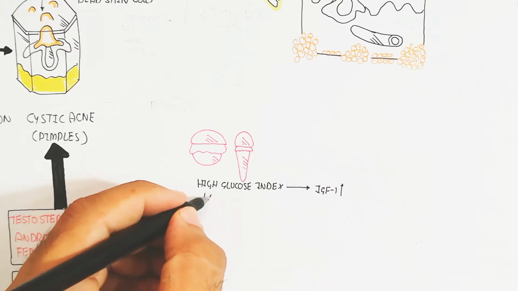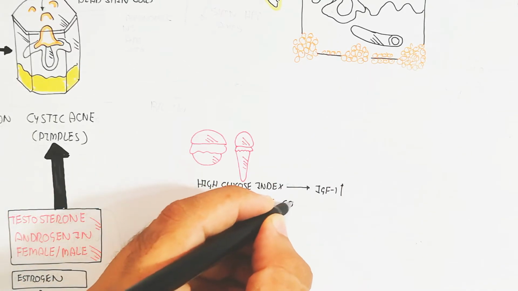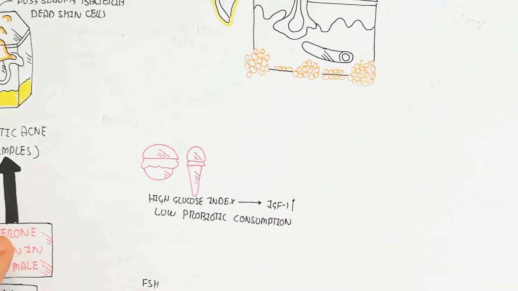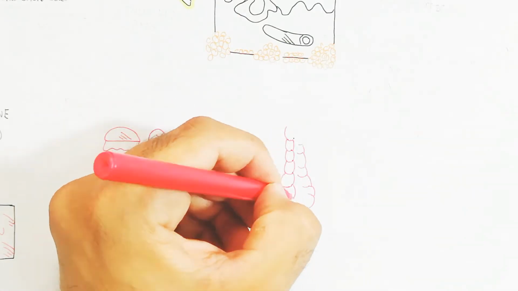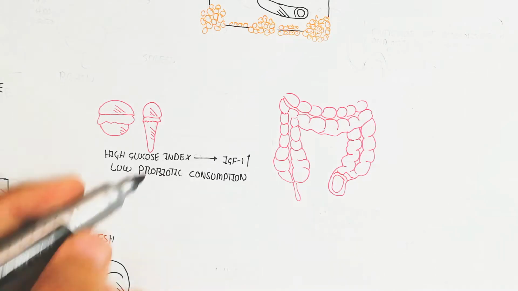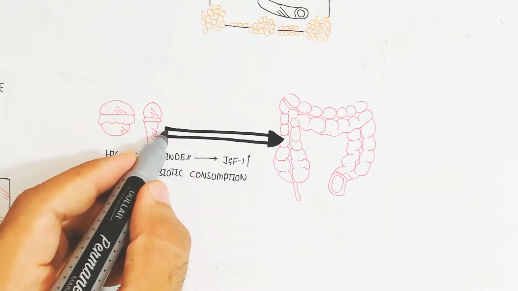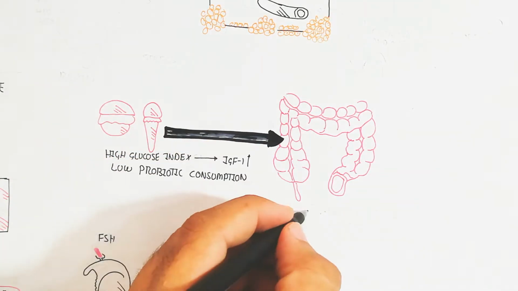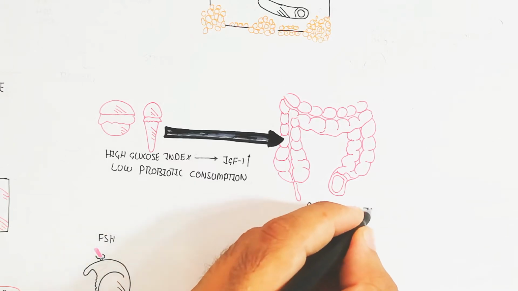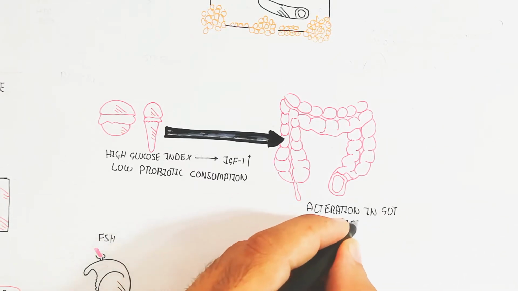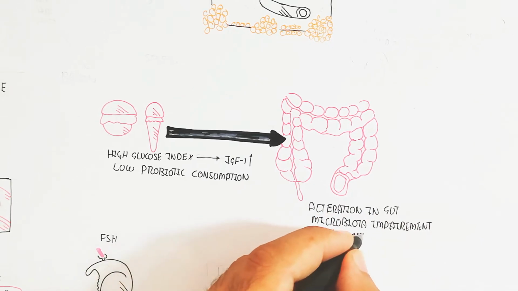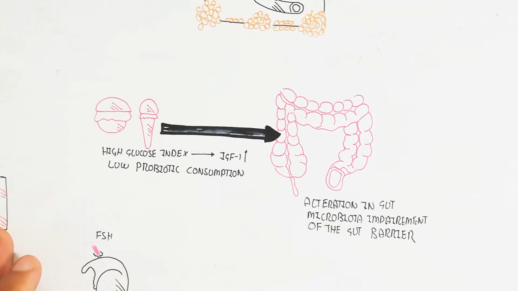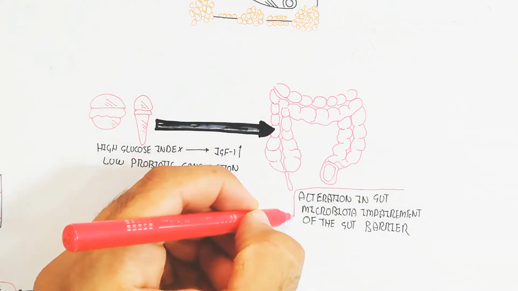So anyhow, when new things arrive in our body, the physiology will change. So here is the high glycemic index, for example. Sometimes when acne is produced, a high glucose will produce an IGF-1 increase, and low probiotic consumption will lead to alteration in gut microbiota and impairment of the gut barrier.